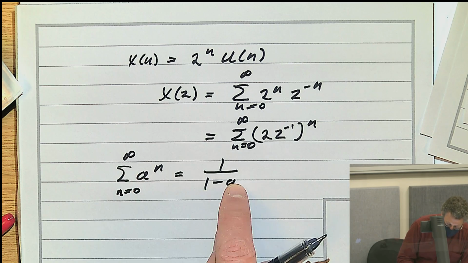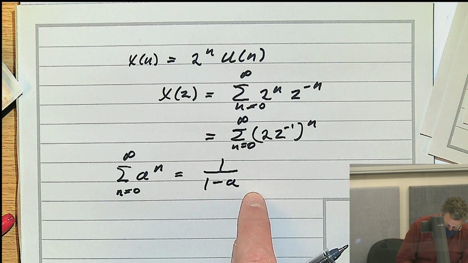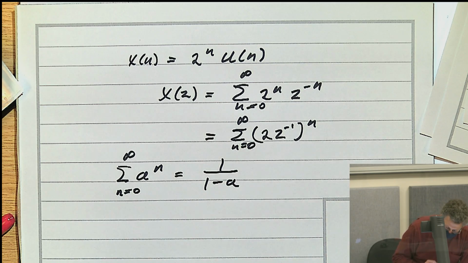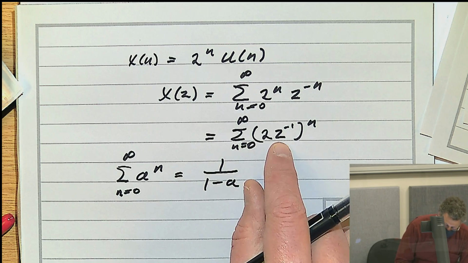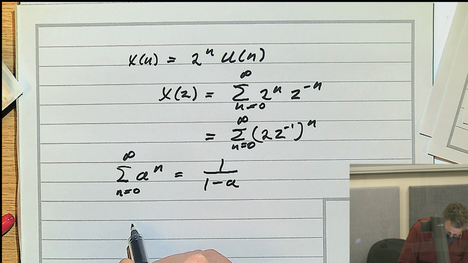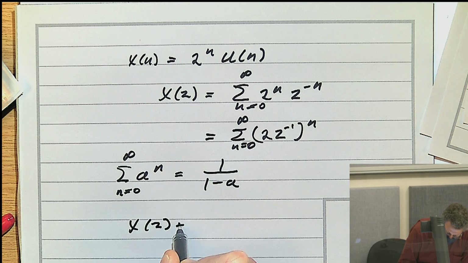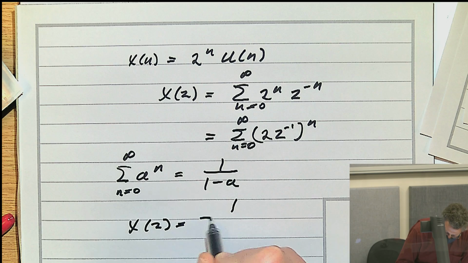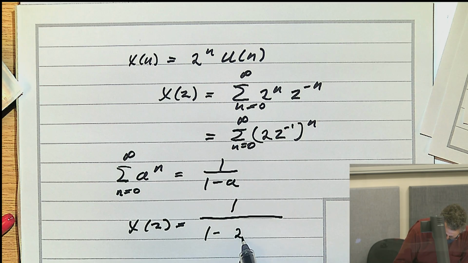You get kind of a recursion relationship, and you can solve for this. Okay. Anyway, so that means that X of z is equal to 1 over 1 minus 2z inverse.